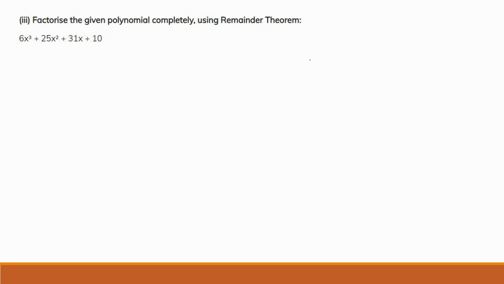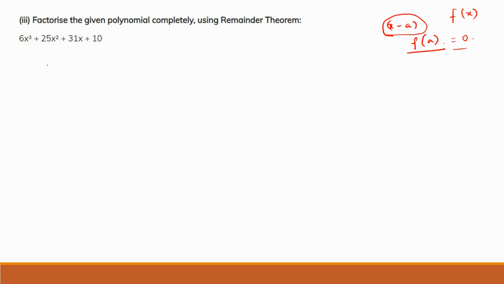But you know according to remainder theorem, if a polynomial is divided by x minus a, the remainder should be f of a, right? And if x minus a is a factor of that expression f x, then f a should be equal to 0, right? Just want to give you a review of what is factor theorem and what is remainder theorem.